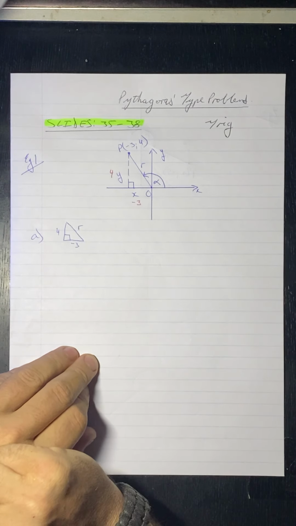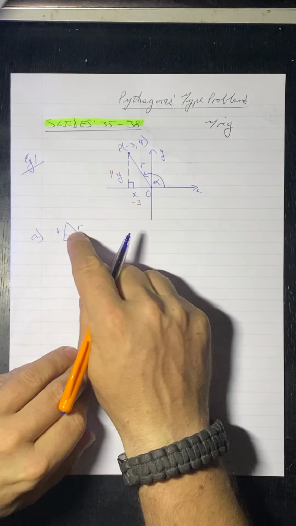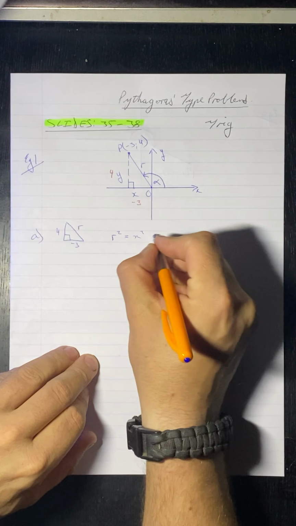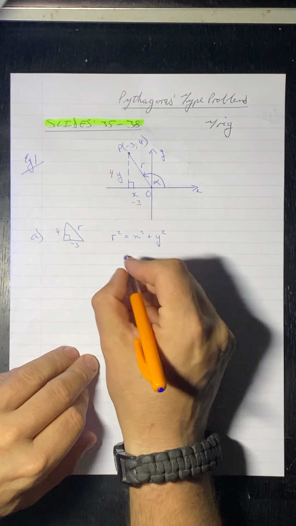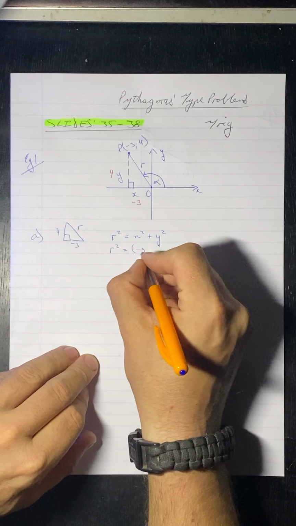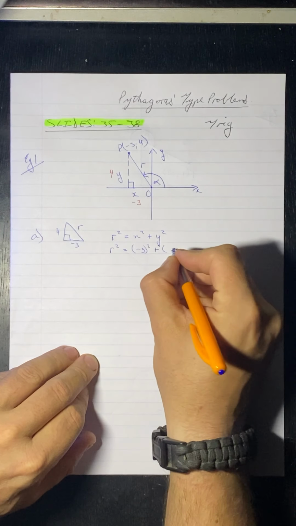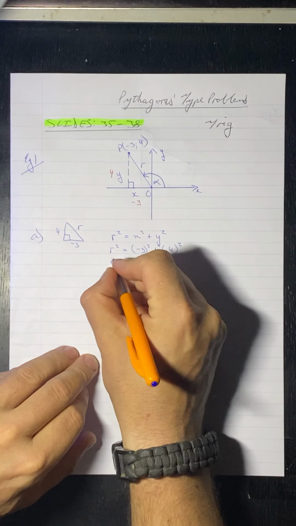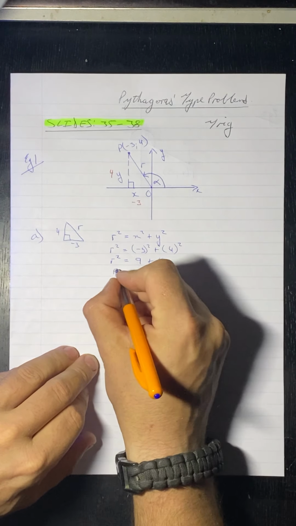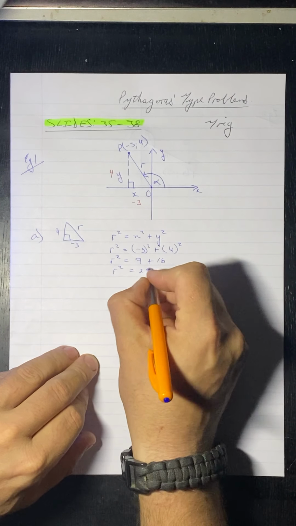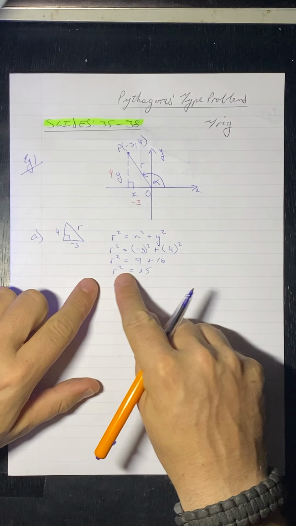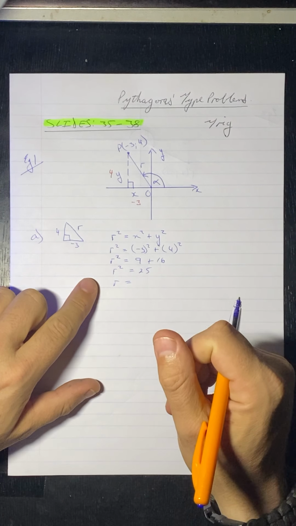And you can see we can use Pythagoras to work out this solution. So we know that r squared equals x squared plus y squared. So r squared is equal to -3 squared plus 4 squared, and we get r squared is equal to 9 plus 16. R squared is equal to 25. So r is equal to, now remember when you take the square root, you're going to get a plus or minus answer.